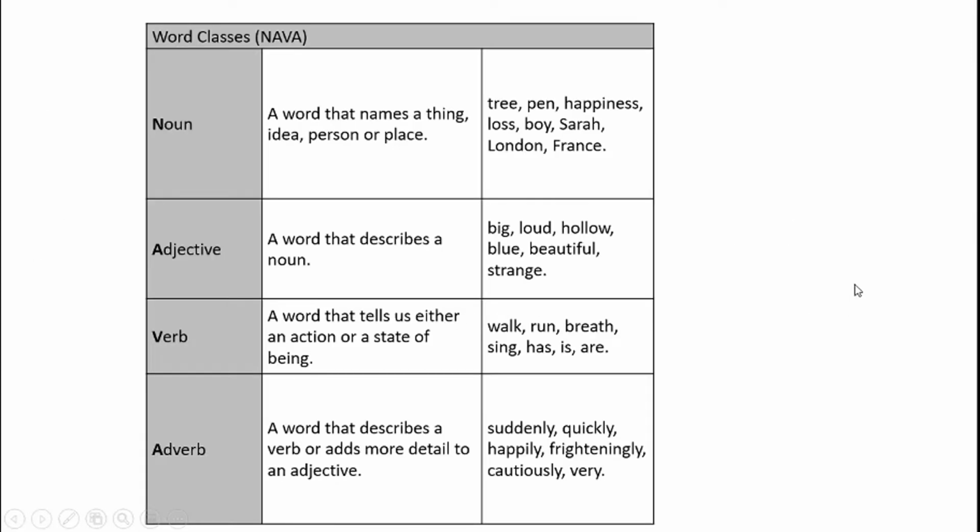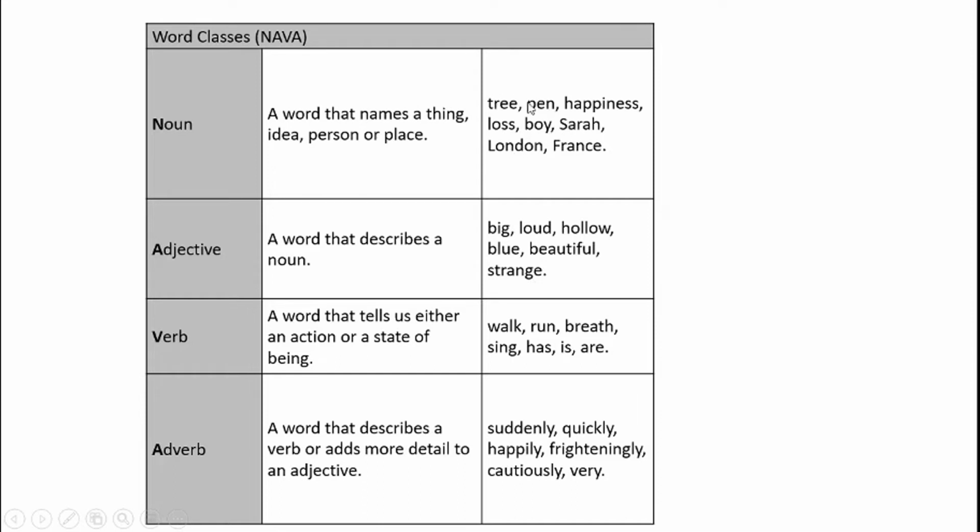Quick reminder for you, I'm sure you know this already and it's on your knowledge organisers, but your word classes are listed here. So we have a noun, which is a word that names a thing, an idea, a person, or a place. If you have a look at the examples we've got here: tree, pen, happiness, loss, boy, Sarah, London, France.